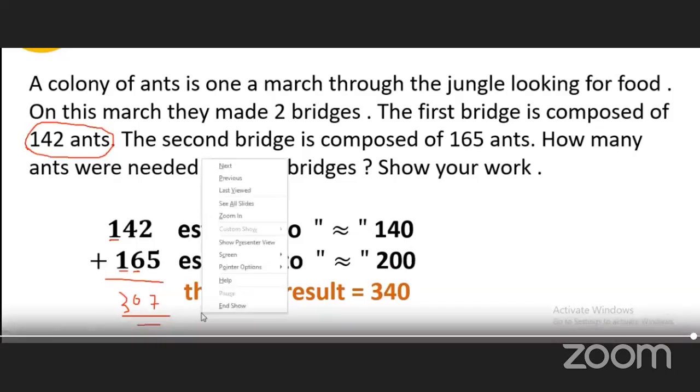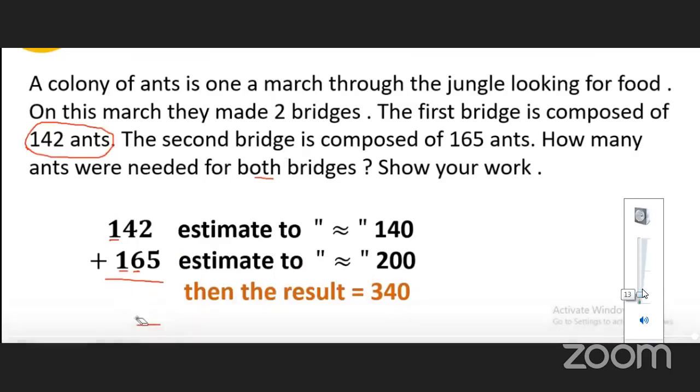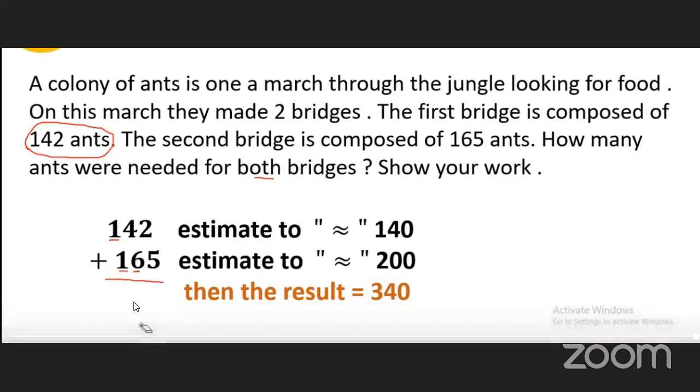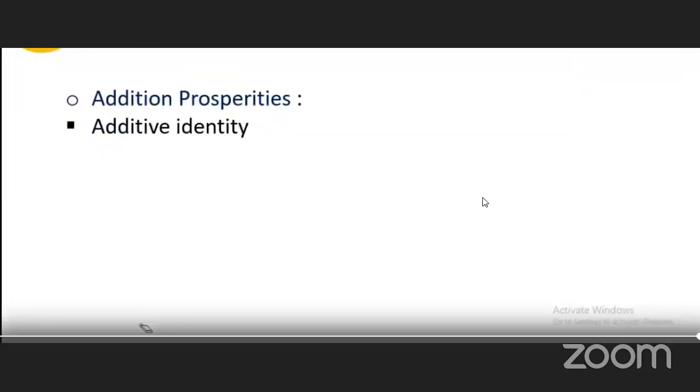Okay, guys. Then the last slide is about our objectives that we learned and discussed today. Objectives of Unit 2, Concept 1, Lessons 1, 2 and 3. This session is addition properties. What about addition properties? We discussed additive identity. Additive identity is what? 0 plus 2 equal 2.